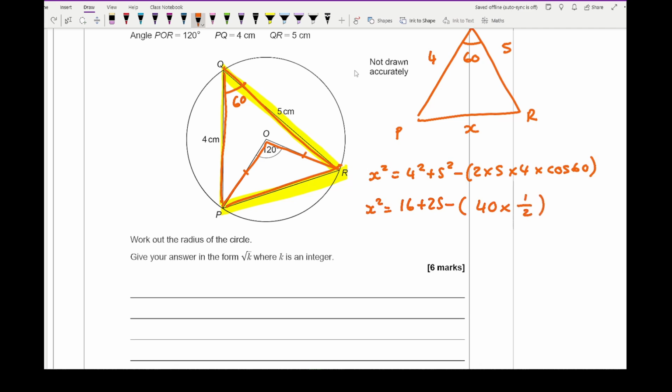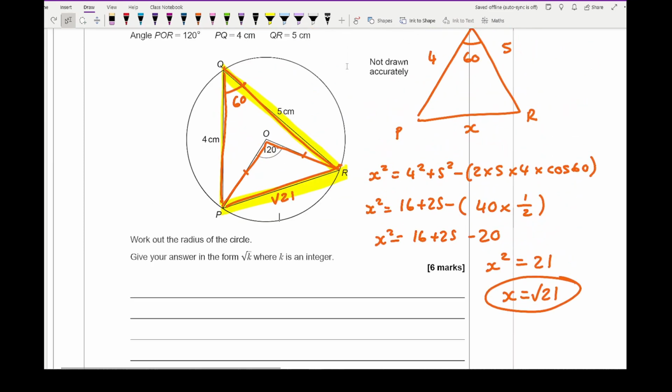So 40 times a half is 20, so x squared equals 16 plus 25 minus 20. 16 plus 25 is 41. Take away 20 is 21. So x squared equals 21, so x equals square root of 21. So this length here is root 21.